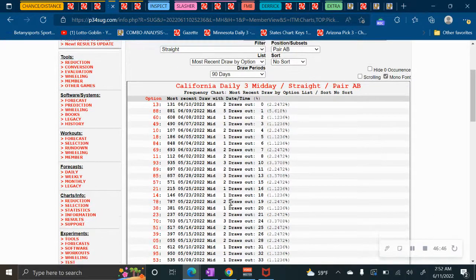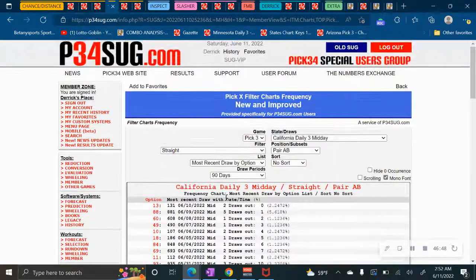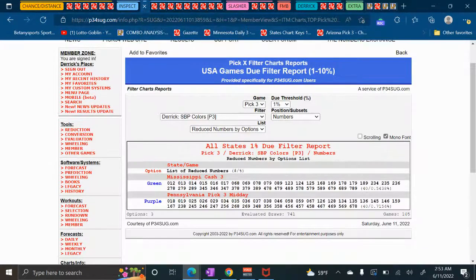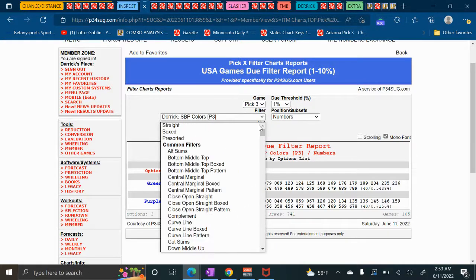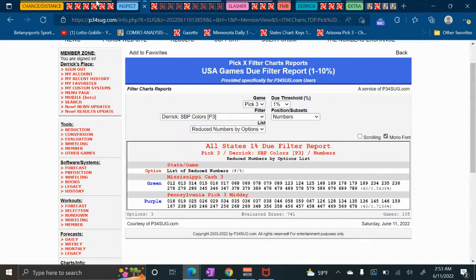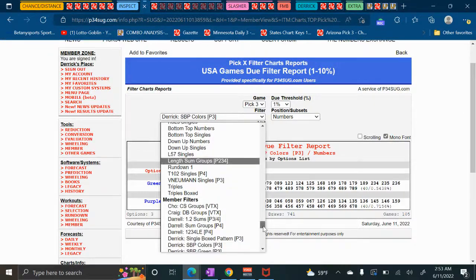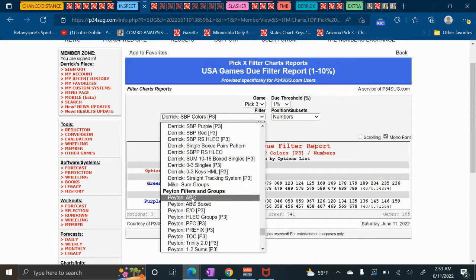See what I'm saying? You want to find that by going over to the 1 to 10% chart, and then you could do... Now, how did I do that? I can't remember how I did that. I was looking at the Peyton. That really works well.